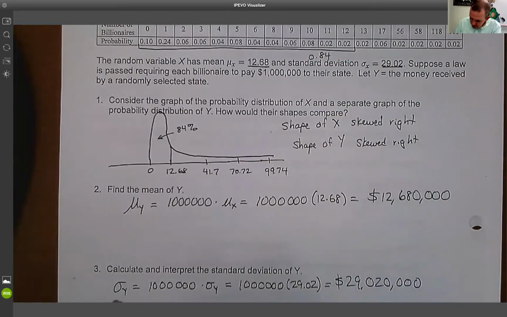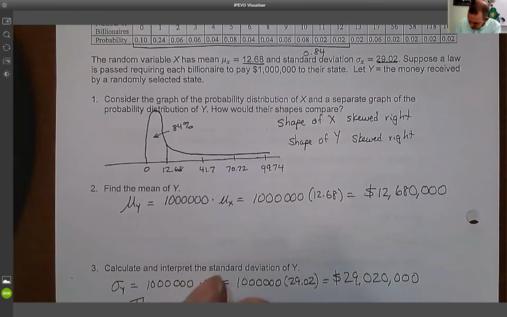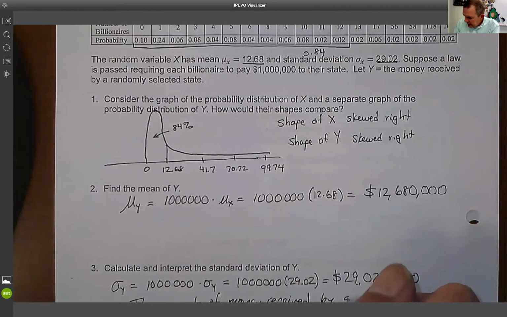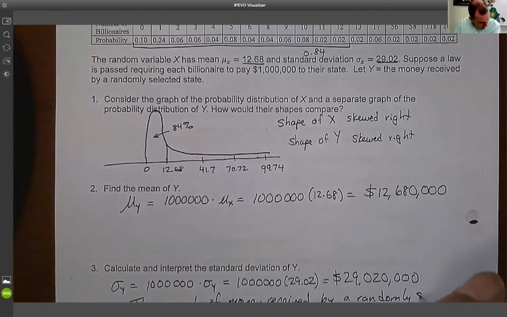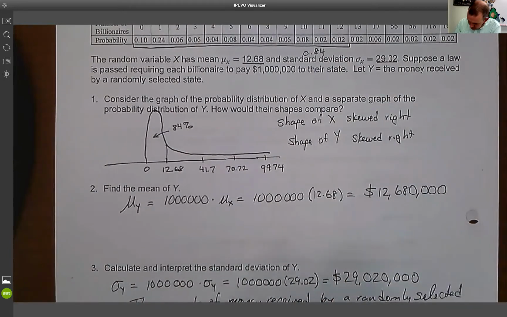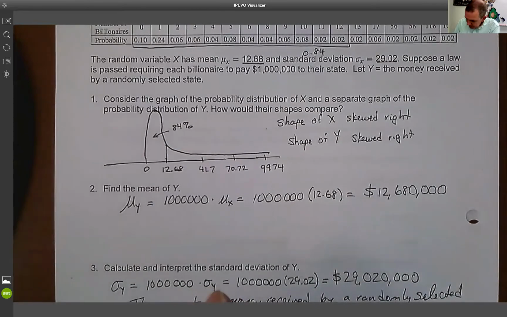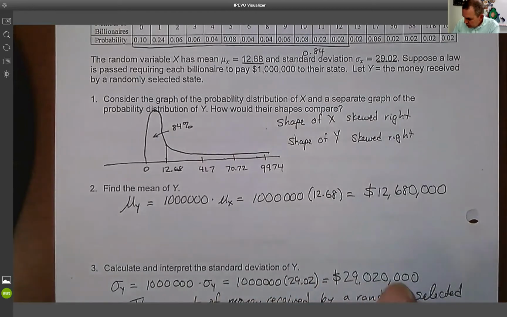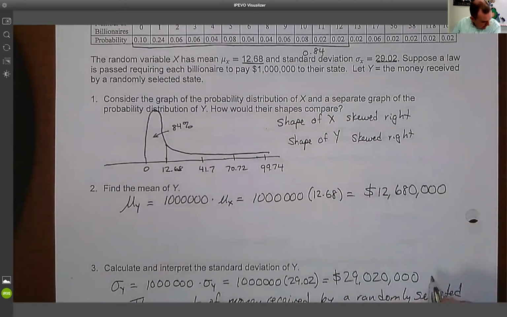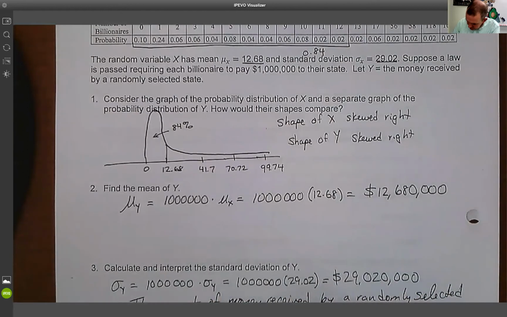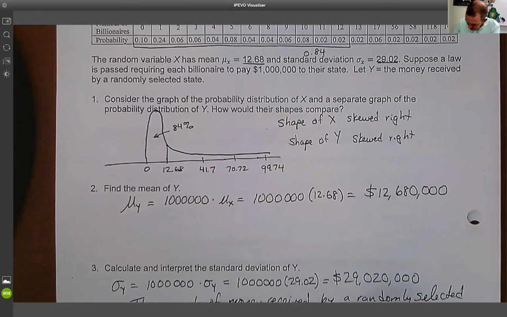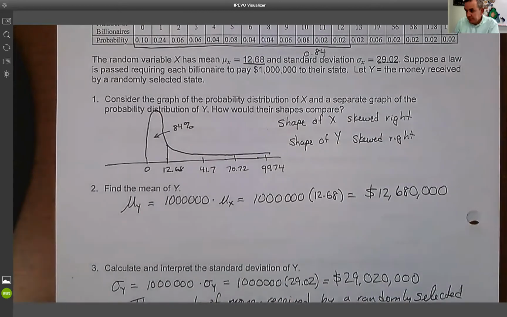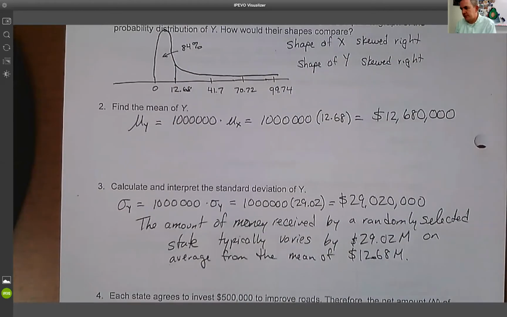What this says is the amount of money received by a randomly selected state typically varies by 29.02 million on average from the mean of 12.68 million. Okay, so that's our calculate and interpret standard deviation.